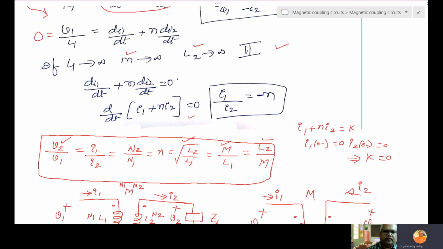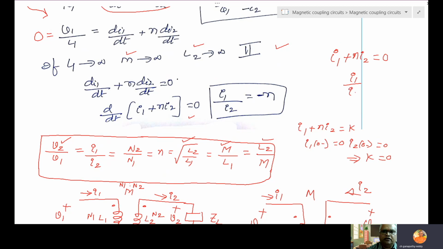So therefore, when this is equal to 0, what is the conclusion? I1 plus N i2 equal to 0 from this.